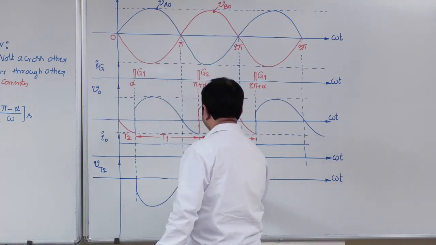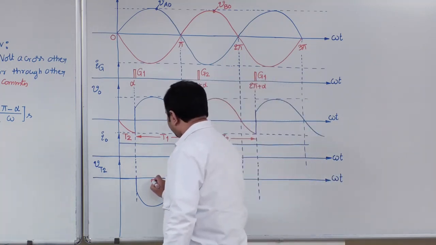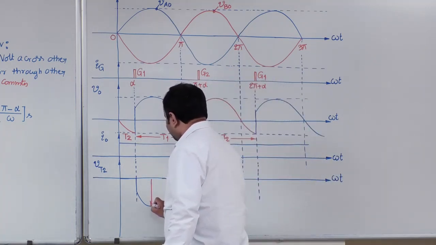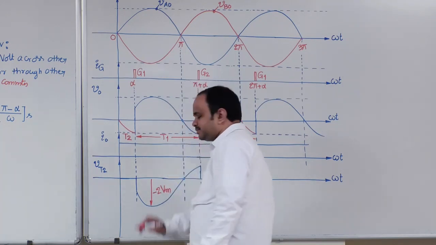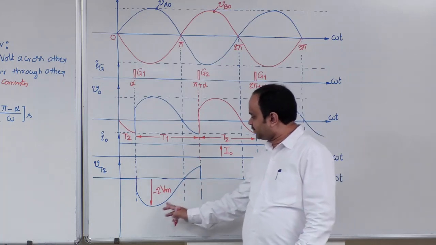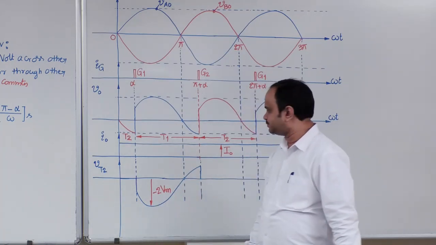From this waveform we can quickly see the peak value is minus 2Vm, hence again the peak inverse voltage is 2Vm.